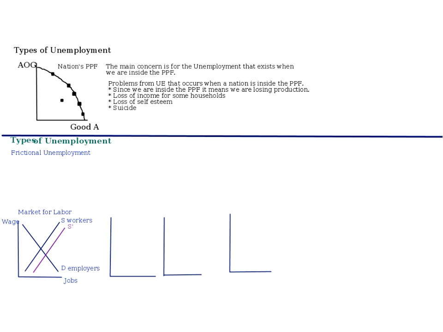So it shifts right. Now, what that leads to is this movement along the demand curve to the new equilibrium, because it takes them a little while to find jobs, and so the market is constantly trying to adjust to a new equilibrium.